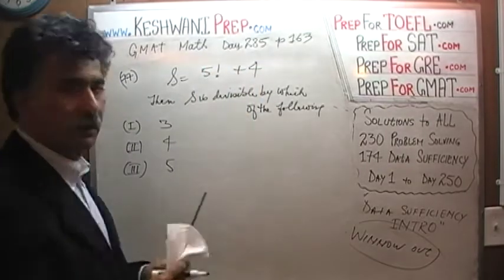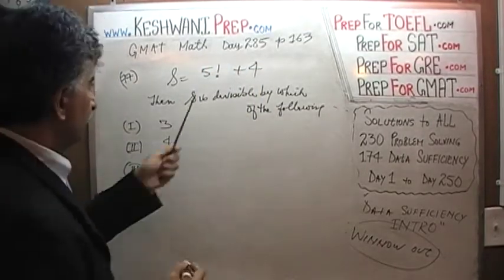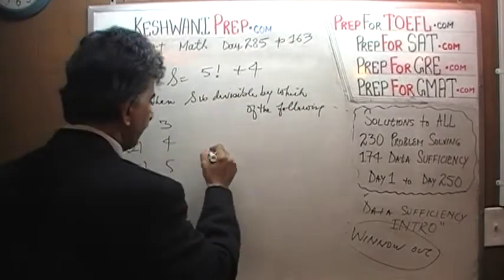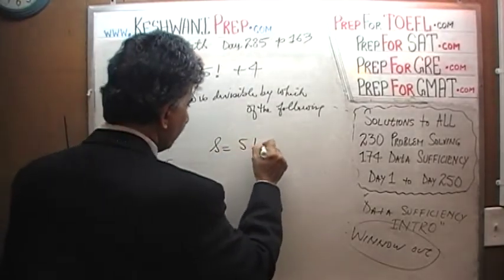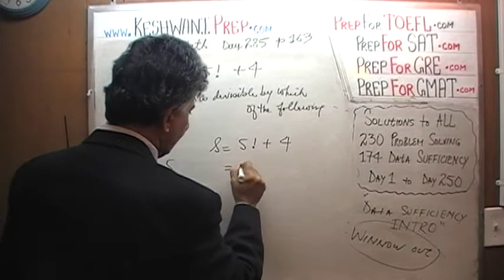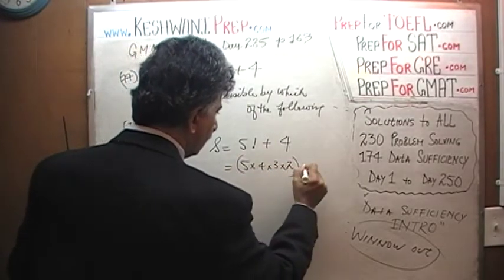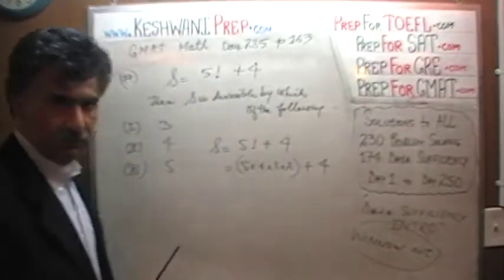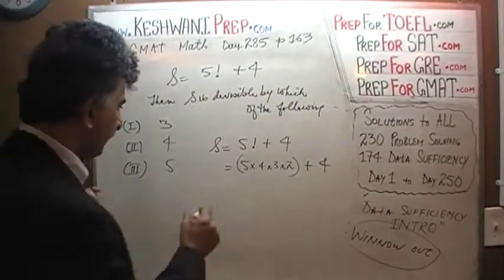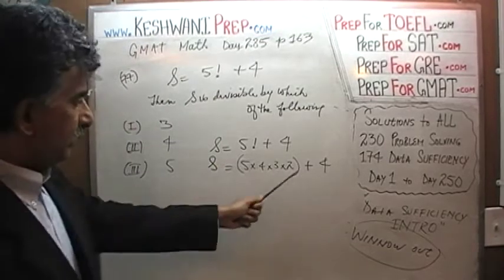You will see in a second, that's actually a very simple problem. s is equal to 5 factorial plus 4, which can be written as 5 times 4 times 3 times 2 plus 4. Obviously, times 1, there's no point in including it. This is our s. Is this quantity divisible by 3?